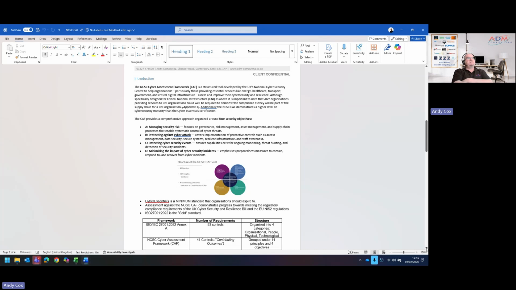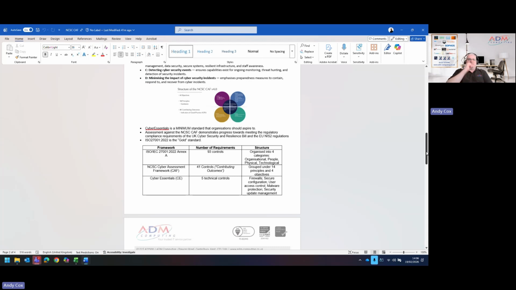Okay, so there are a number of ways of demonstrating your commitment to cybersecurity, and we've got a brief table here. Basically, there are more frameworks available, but these are really what is classed as the three common ones. So at the very bottom, although I don't pretend to say that it's an easy accreditation to achieve, is Cyber Essentials.